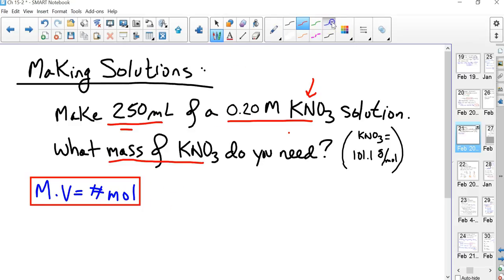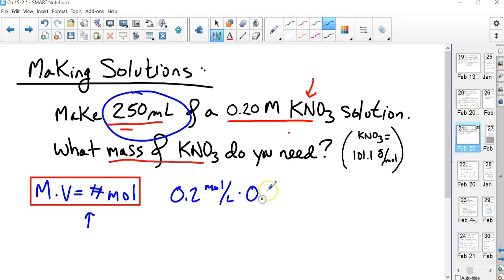Okay, so once again, we're going to use this formula. M times V is equal to number of moles. So we need 0.2 molarity, or moles per liter, times 250 mL, converted to liters, 0.25 liters, is equal to 0.05 moles of the potassium nitrate.